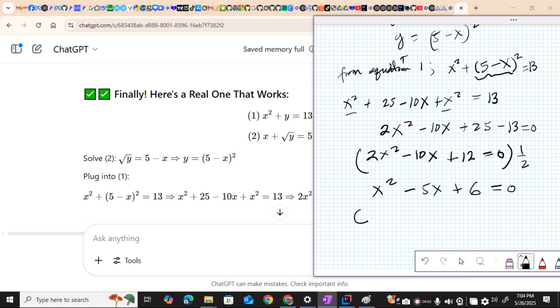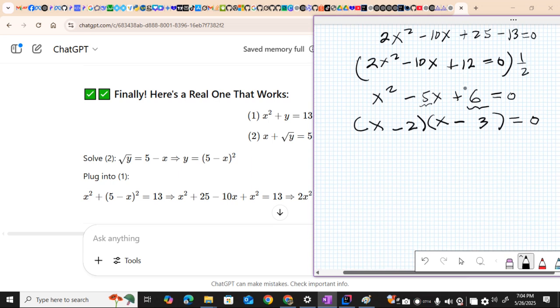In this case, it's relatively simple for us to do factoring, and it's the most efficient way to solve this equation. So we write x in both of the parentheses, and we think of terms such that if you multiply, the product becomes 6. The possible candidates are 3 and 2. How about the middle terms? It has to add up to -5, so both of them have to be negative.